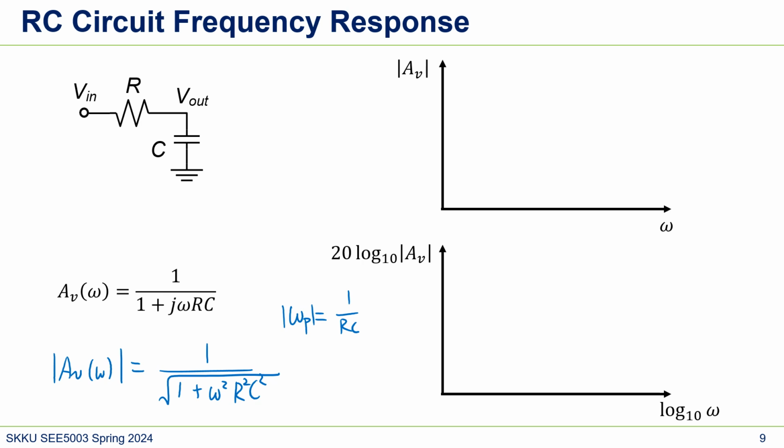And if this omega is the pole frequency, then it will be 0.707. So it's just 1 over root 2. And this is what we call the 3 dB bandwidth.